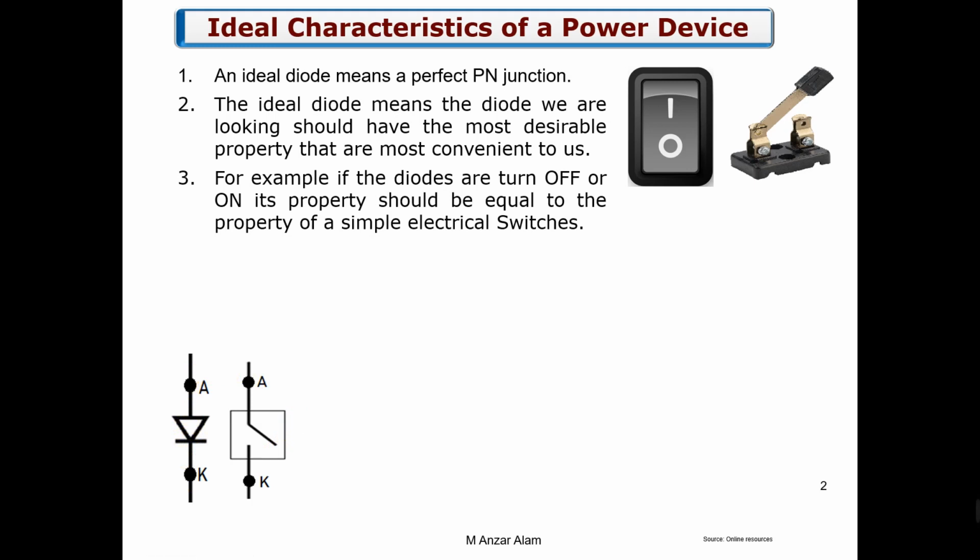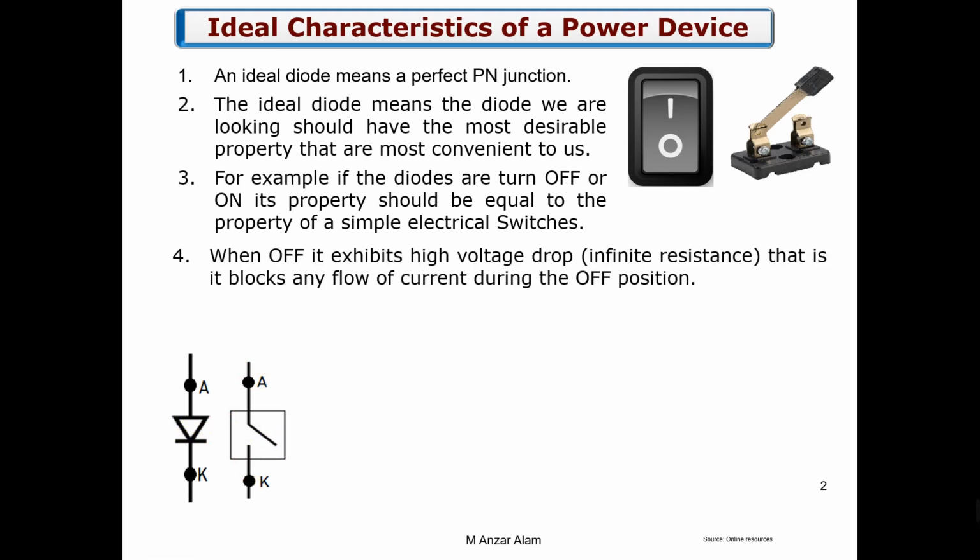If the diode is off, it means mechanically the switch is off, and there should not be flow of current. So if we assume this diode is off, it can be drawn ideally with this picture: the diode is off, anode and cathode, completely open, so there will be no flow of current.